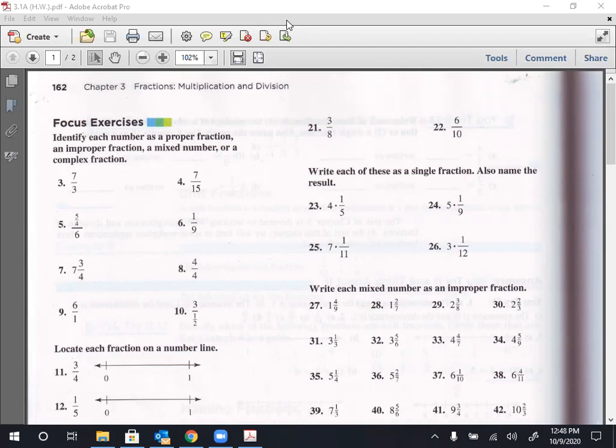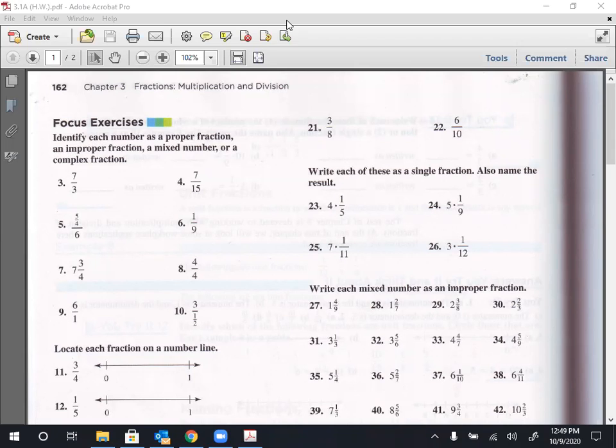They're equal. Number 5 is your complex fraction. So number 5 is another example of a complex fraction. All right. Let's go to the next part.